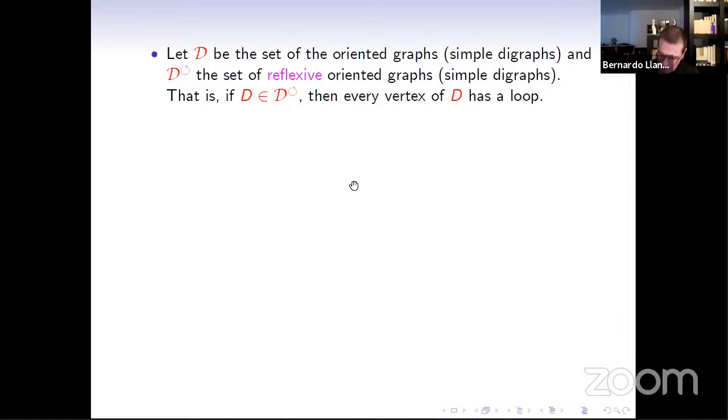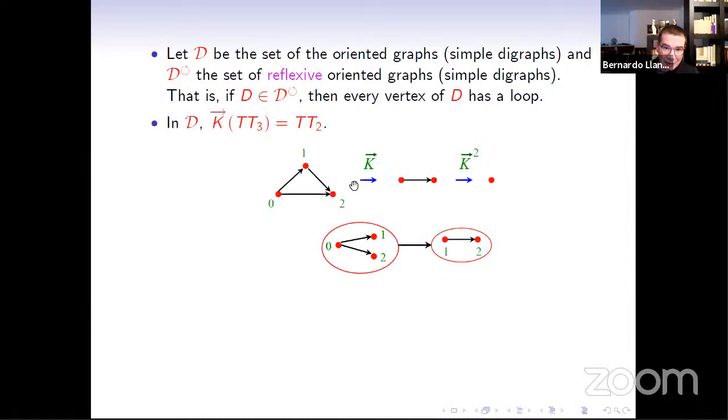So now, what do we have? For example, this is a TT3. I already mentioned that this is an acyclic tournament. It is easy to see that this is in the class D, where graphs are loopless, and you can very easily see that you have two dicliques, this one here and this one here.